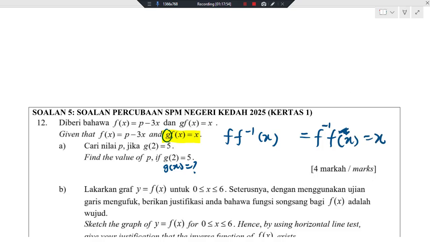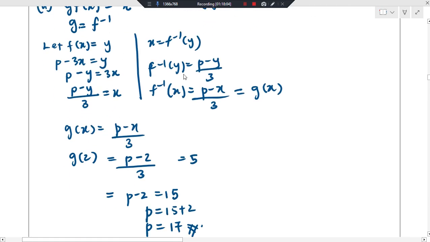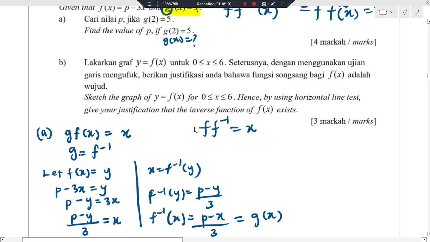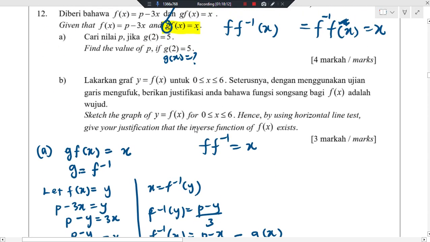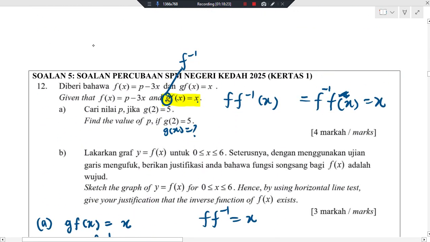Okay, now, sketching. Sketch the graph y equal to fx. Ke atas punya jawapan. Okay, now we know already the p is what? 17. Okay, for 0 until 6, and then seterusnya, okay, by using horizontal line test, give your justification that the inverse function exists or not.